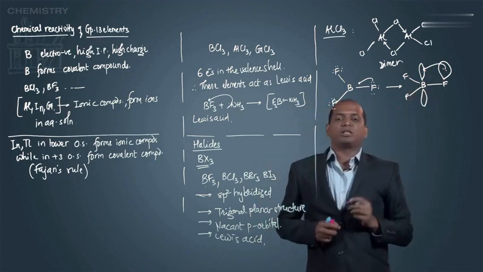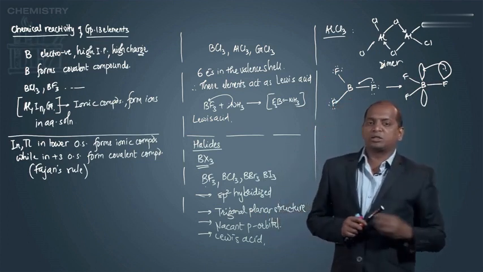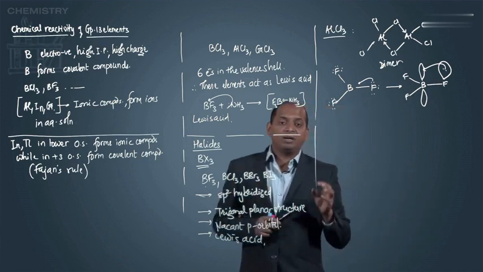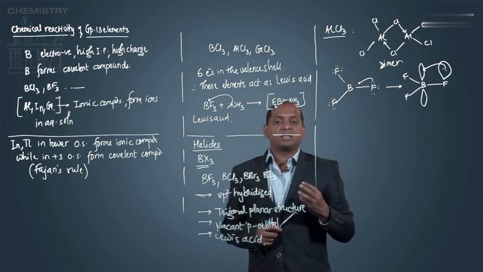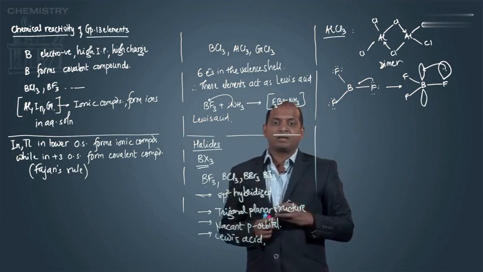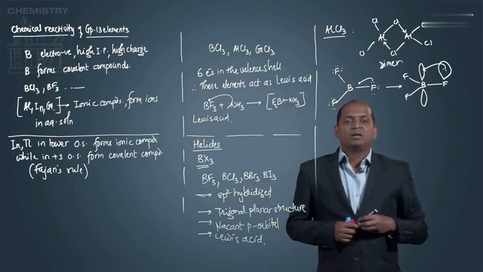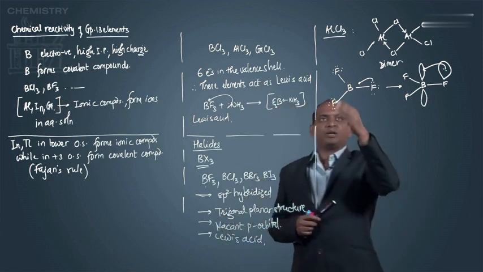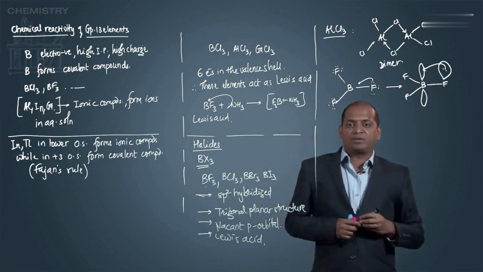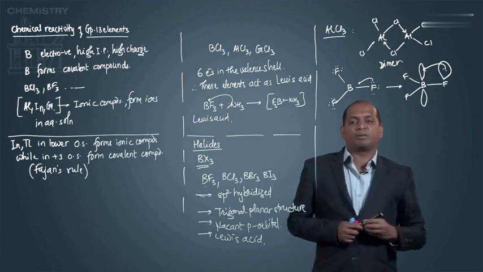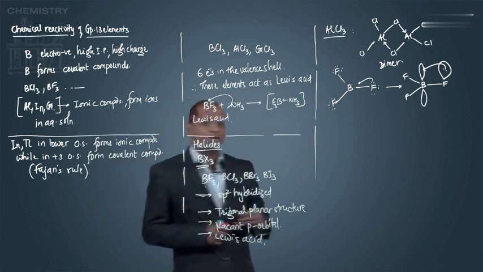Since the size of the boron is very small and even the size of the fluorine is also very small, this back donation is possible. Therefore, BF3 or BCl3 are weaker acids than AlCl3 or AlF3. Okay, it is expected that they should be stronger acids because the fluorine is pulling electrons, but because of the back donation of lone pair of electrons to the vacant p orbital of boron, this is not the case over here. Okay.